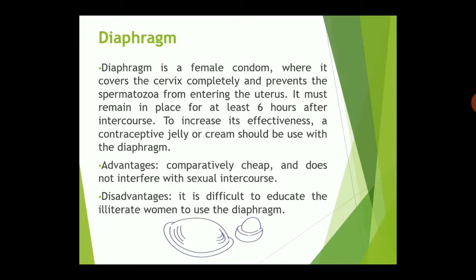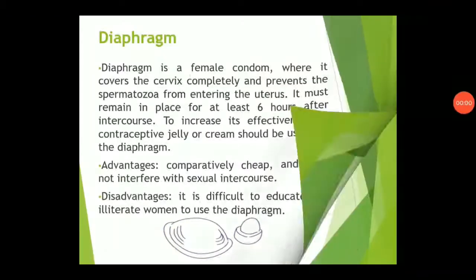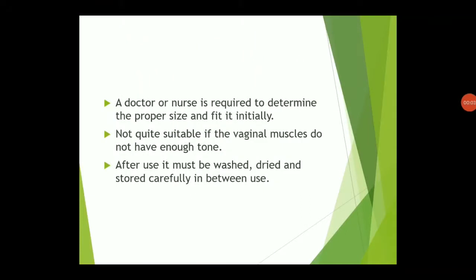Its disadvantages are: it is difficult to educate an illiterate woman to use the diaphragm. A doctor or nurse is required to determine the proper size and fit it initially. It is not quite suitable if the vaginal muscles do not have enough tone. After use, it must be washed, dried, and stored carefully between uses.